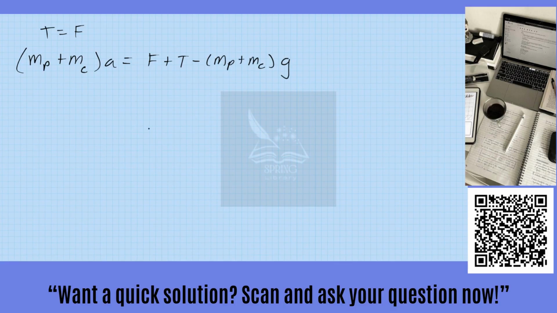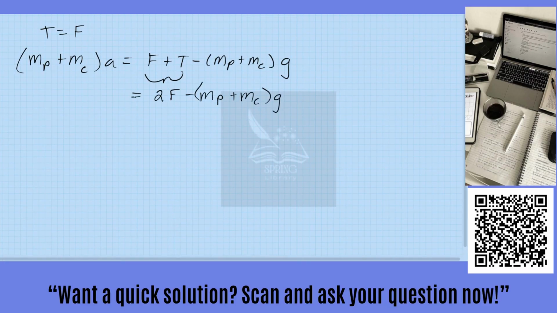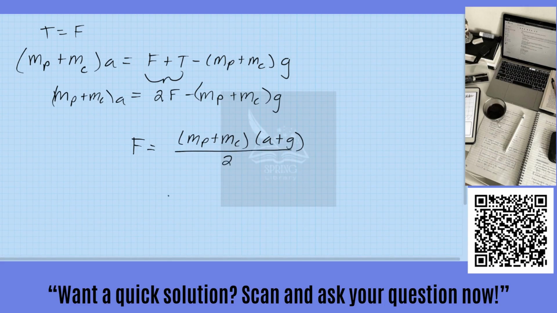So solving this for the force, this is 2 times the force. So this gives us the force is (mp + mc)(a + g) over 2, which means the force is equal to 400 newtons.